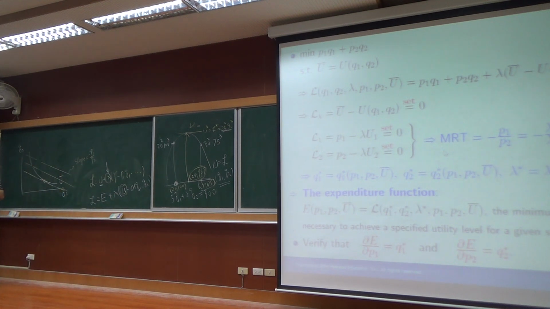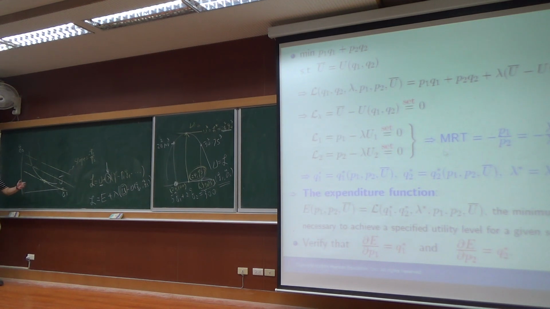So we may interpret this problem as follows. Given the utility level we are required to achieve, what would be the minimal expenditure? So how can we spend the least money to reach the utility level U bar, right? You give me a requirement U bar, and I will tell you how efficiently I can spend as little money as possible.